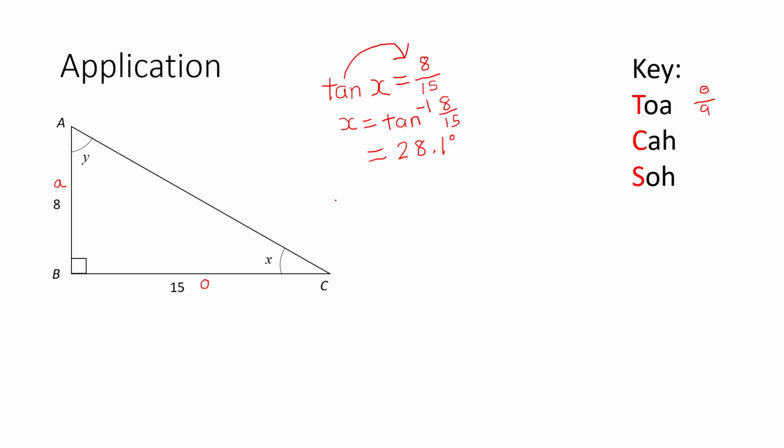So what we write is tangent Y, because now we are interested in finding Y, is equal to opposite over adjacent. Now, opposite side is now 15, while the adjacent side is now 8.